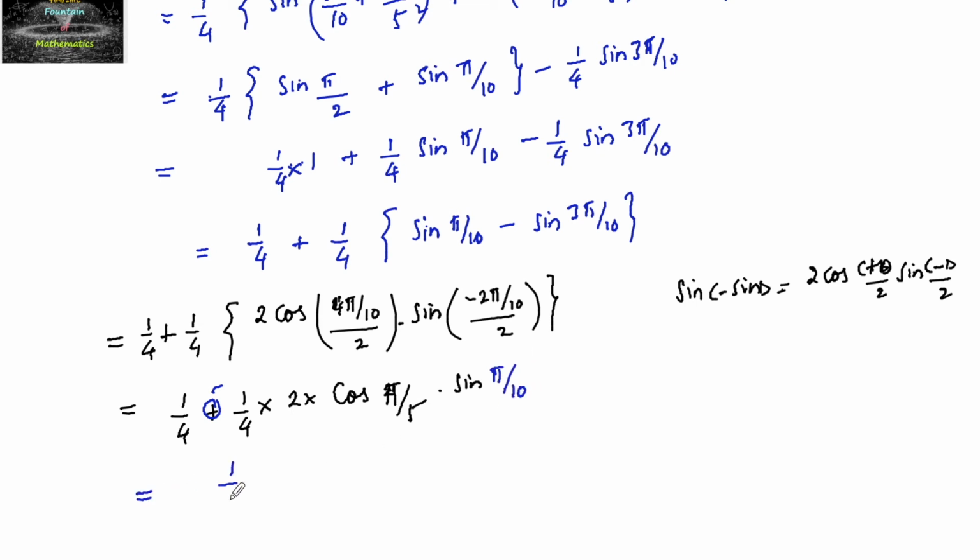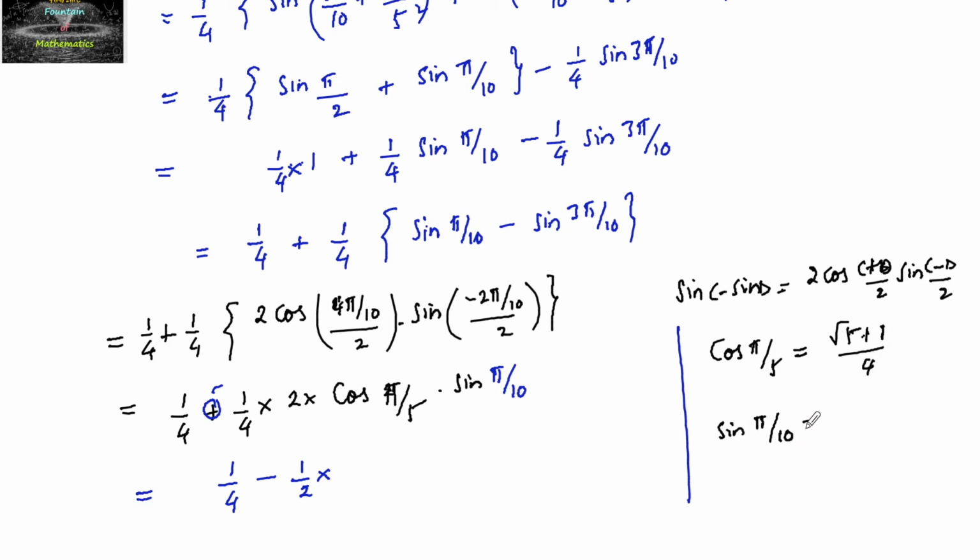So which equals 1 by 4 minus 1 by 2 times, and since we know from the multiples and submultiples concept, cos pi by 5 value is root 5 plus 1 by 4, and sin pi by 10 value is root 5 minus 1 by 4.